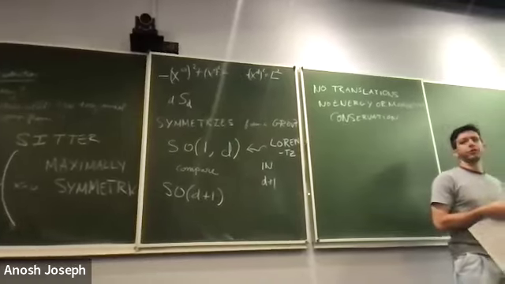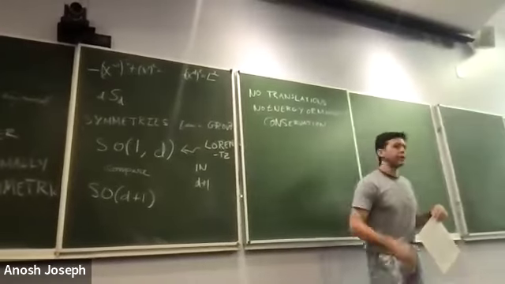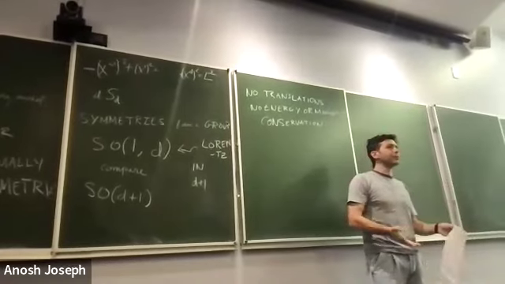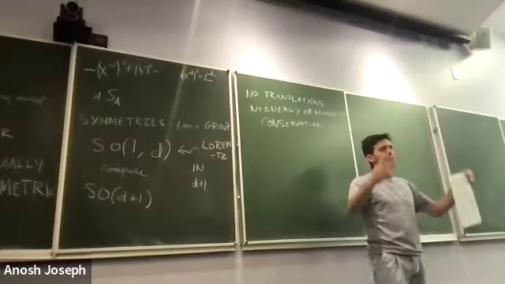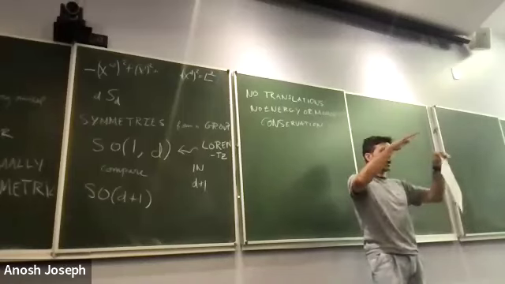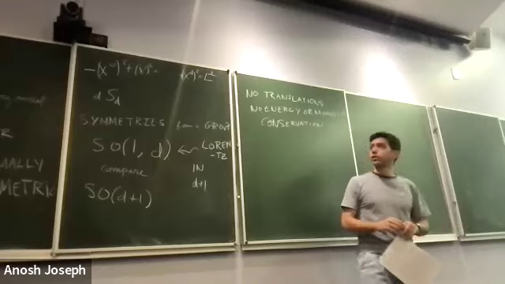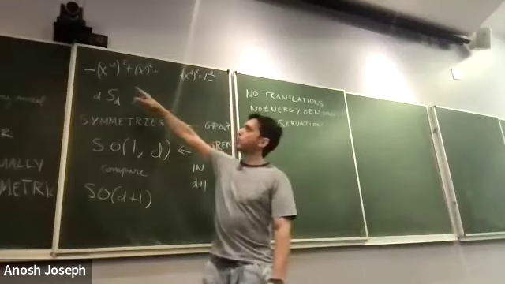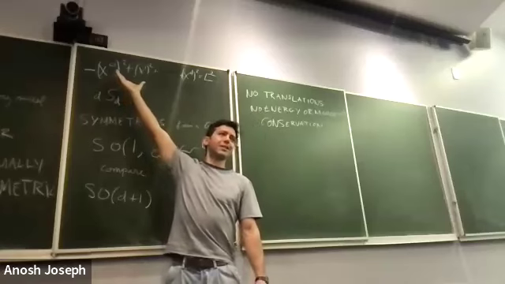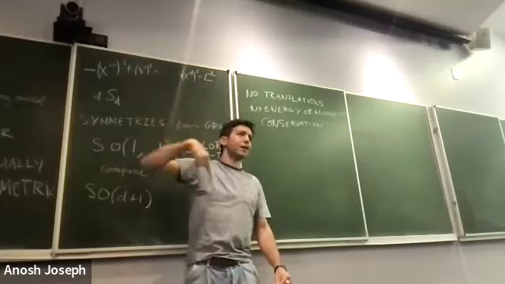The static patch is particularly nice because there's a horizon and you can use the equivalence principle, like any Rindler observer. Any Rindler observer is going to notice a thermal fluctuation. But even if you work in the global patch, you can see that the Euclidean time is periodic.